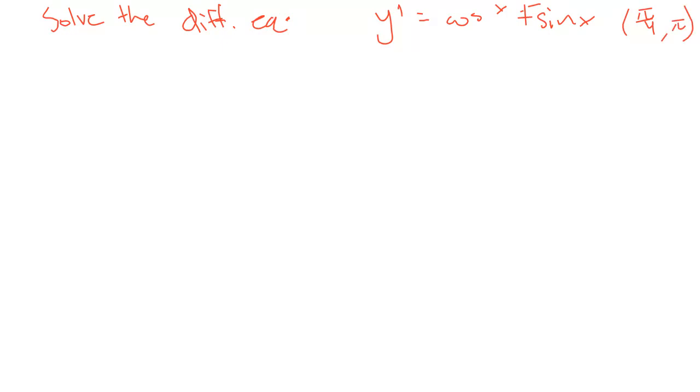All right, so first thing we need to do is find the antiderivative of both sides. The antiderivative of y prime is always going to be just y. Now if we take the antiderivative of cosine, let's think about this.